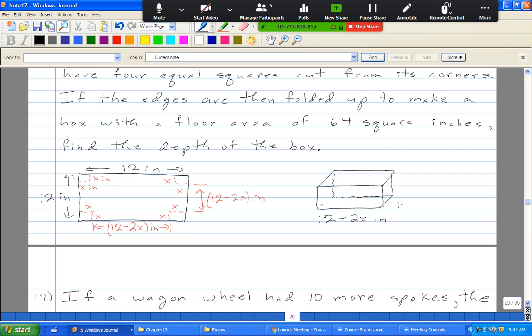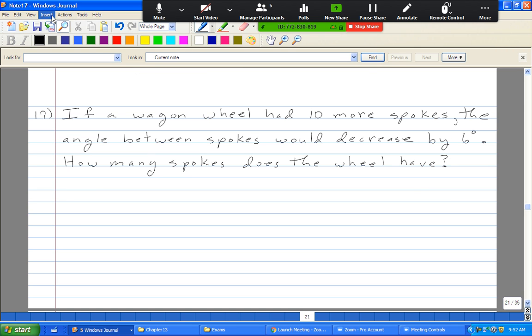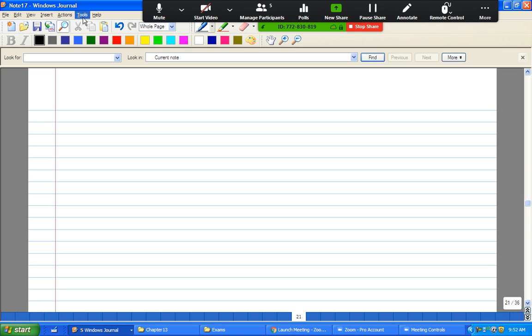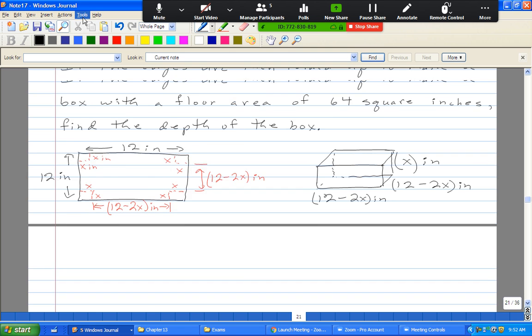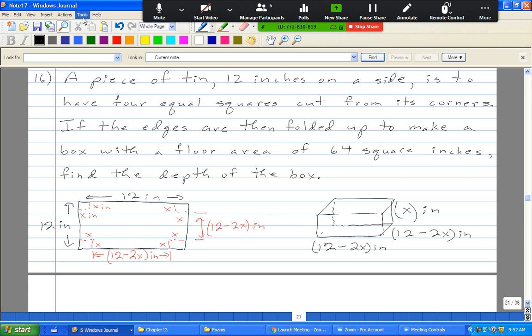Similarly, this side here is 12 minus 2x inches. And this height here is x inches. Okay, so let's try to answer this. Recall that the area. Find the depth of the box. So the area is 64 square inches.